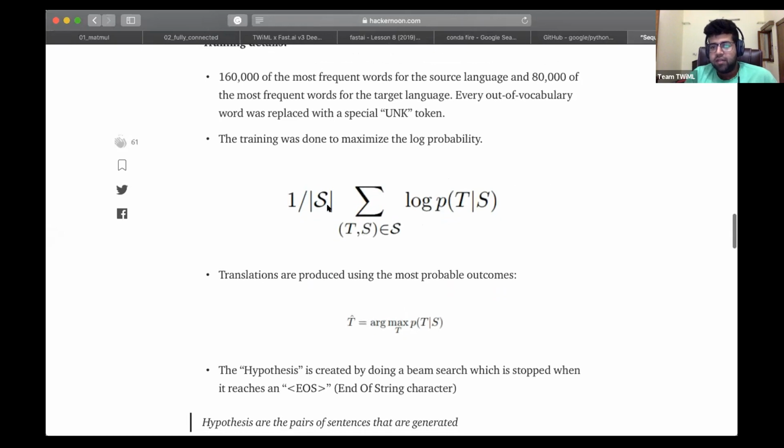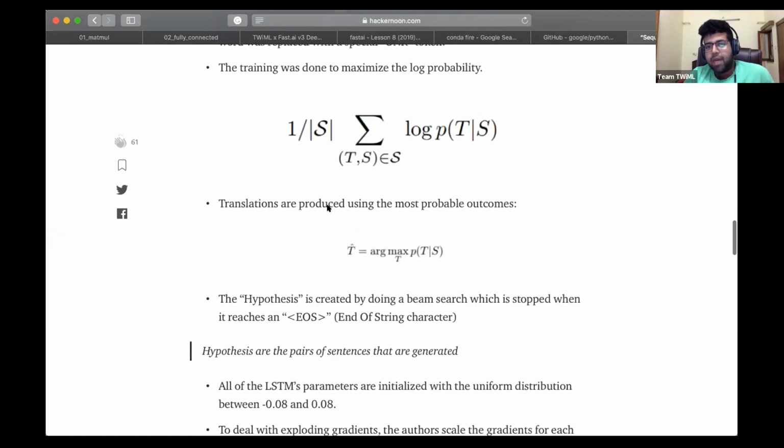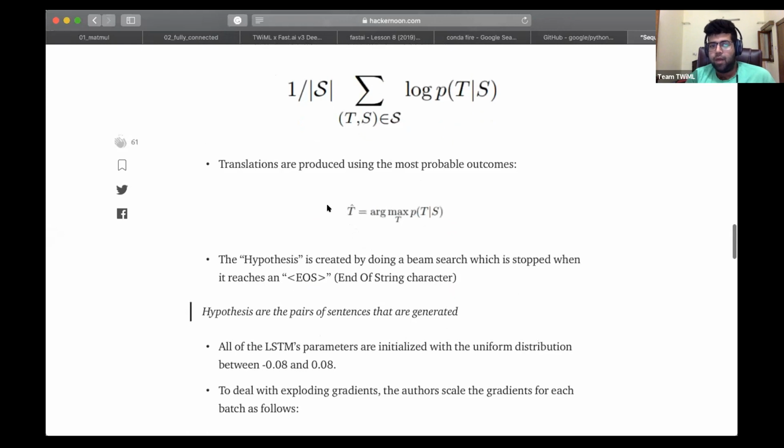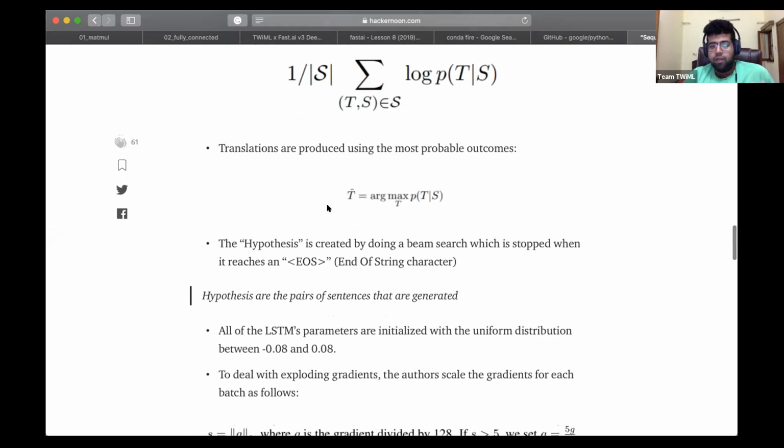The translations are produced using argmax, which produces the most probable outcomes. And what they call hypotheses are the pairs of sentences that are generated for each input sentence. This is done using a beam search. So if you're not from a CS background, beam search basically searches for similar phrases in this context.